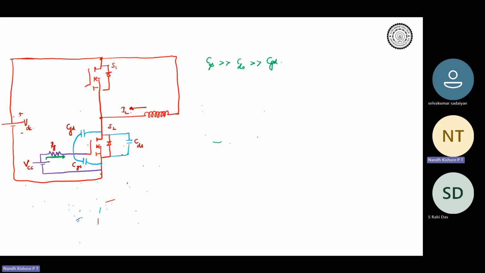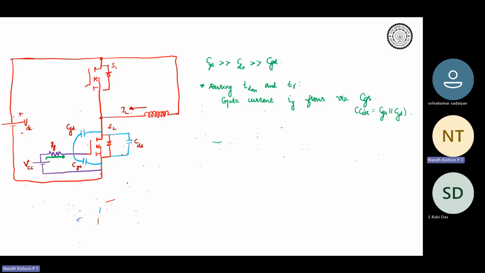So what we saw was that initially during TD on and TR, your entire gate current IG mostly flows via CGS, or you can also say it is CISS. CISS is basically CGS parallel to CGD.